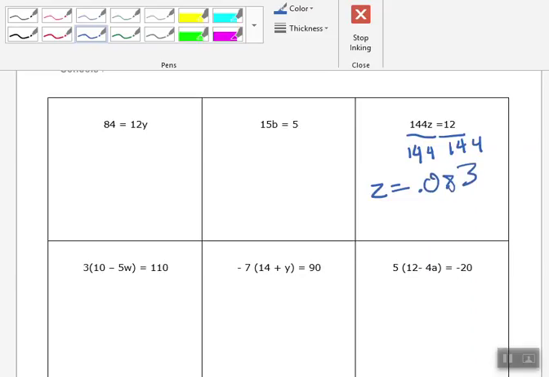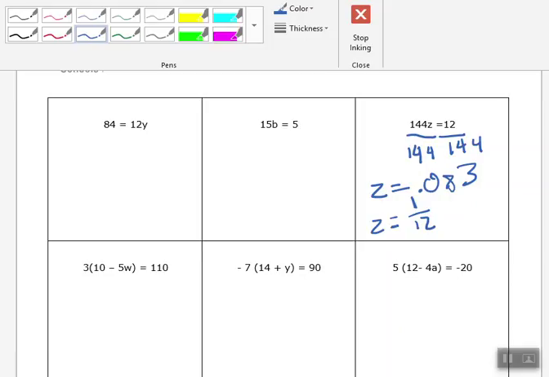I could also simplify that. z is equal to 1 over 12, because 12 goes into 144 12 times. So your answer is either going to be 0.083 or 1 over 12.